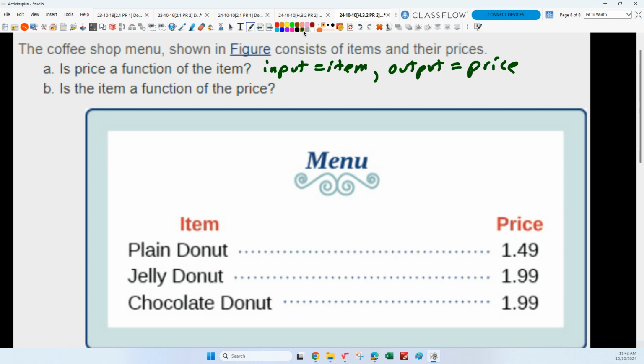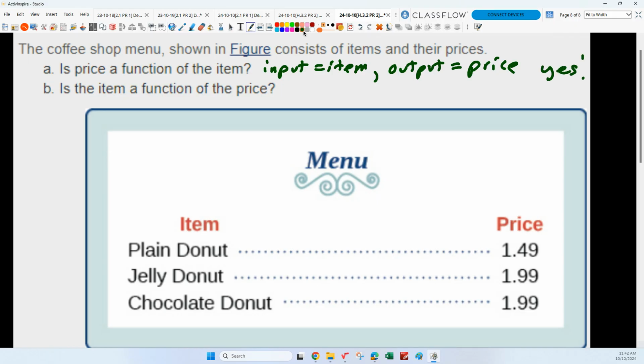What do you think? I'm seeing lots of tentative thumbs up. You're right, it is. Because it passes the function test. Each input, meaning each item, only has one output, one price. If I buy a jelly donut, there's only one price that I'm paying, which is $1.99. Everybody see that? So yes.